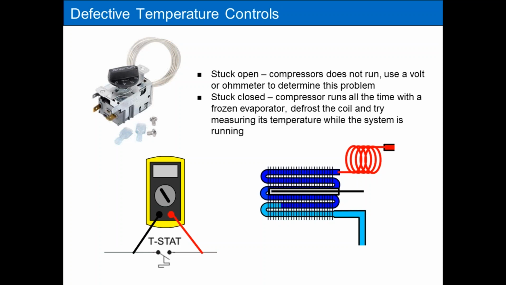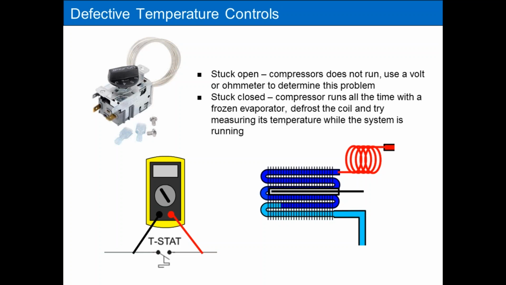And you measure 19, 18, 15, 10 degrees. It's getting down to 10 degrees and the temperature control doesn't open up. It's a bad temperature control. If you never get down to that setting, let's say 20 degrees, and your coil never gets down to that setting, well, that's a problem. That's why the unit's never shutting off, because the coil is not getting to the right temperature for another reason.